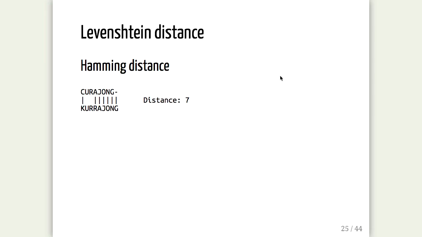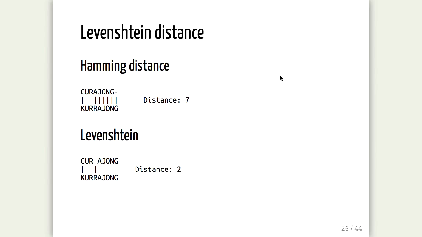OK, so where do we go from here? Well, we go back to the Hamming distance, and we look at another algorithm called Levenstein distance. So you'll remember with Hamming distance, one of the problems was if a letter had been removed, suddenly everything was out of whack. And so with that Currajong C and K, in the top one, I've left out the second R, so we get distance of 7.